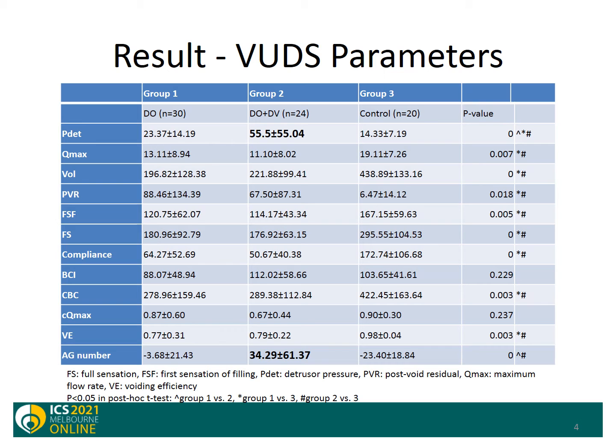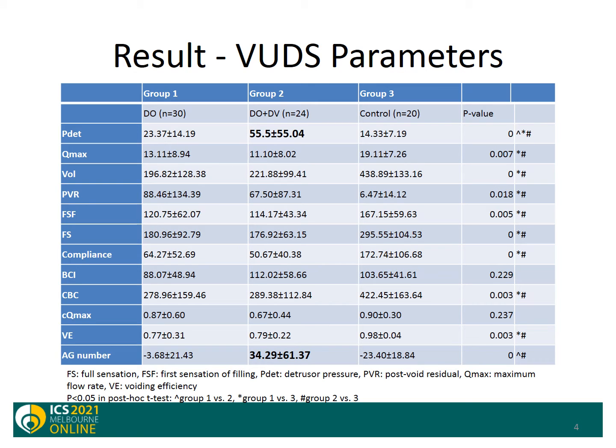The study group generally have a higher detrusor pressure, a lower maximum flow rate, a lower voided volume, and a larger post-voiding residual, a more sensitive bladder with a poor compliance.